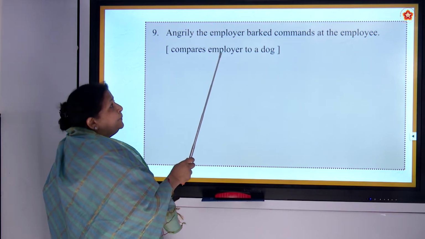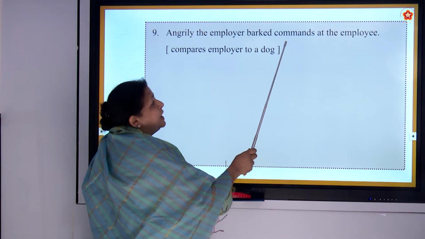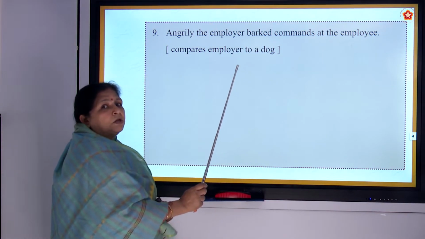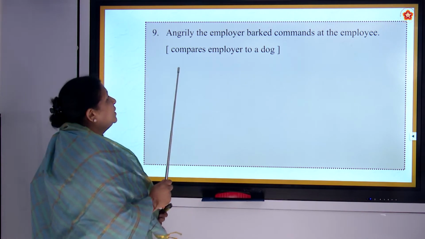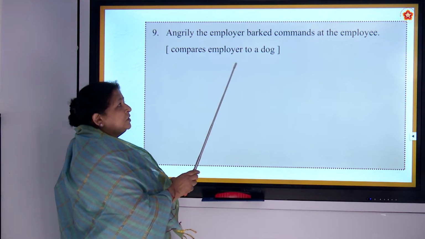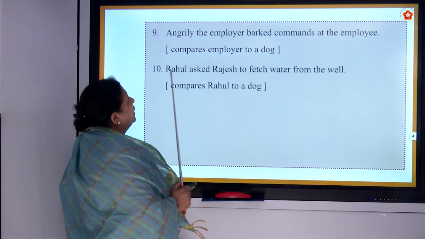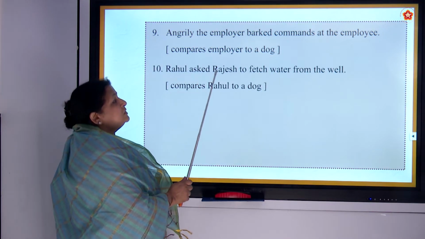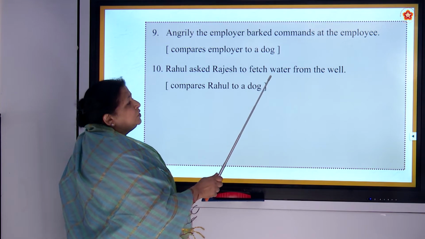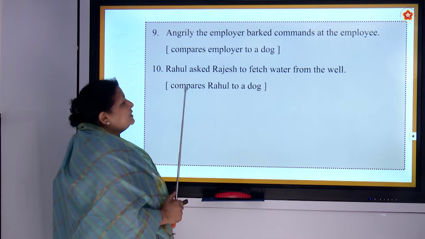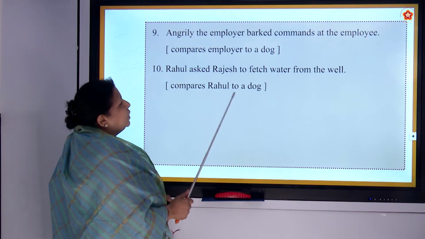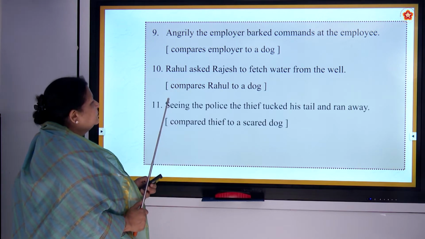Angrily, the employer barked commands at the employee. Now, who barks? Yes, a dog. So it compares the employer to a dog. Rahul asked Rajesh to fetch water from the well. This compares Rahul to a dog again.